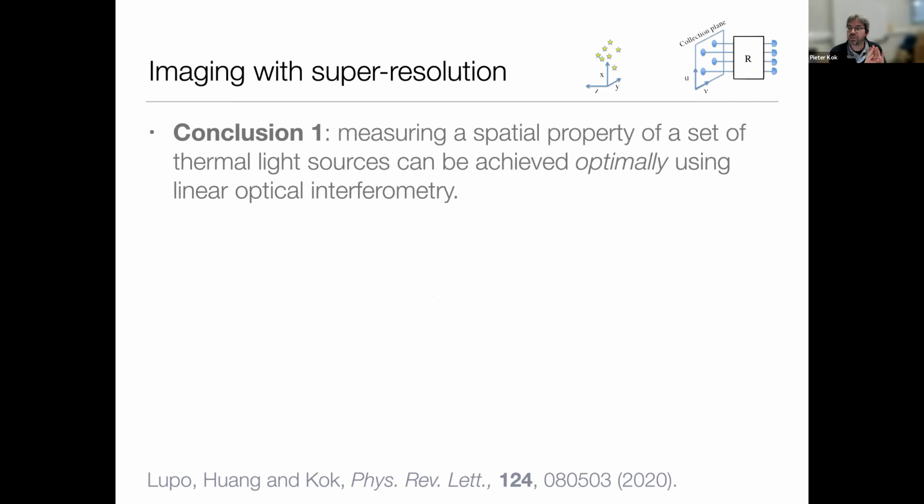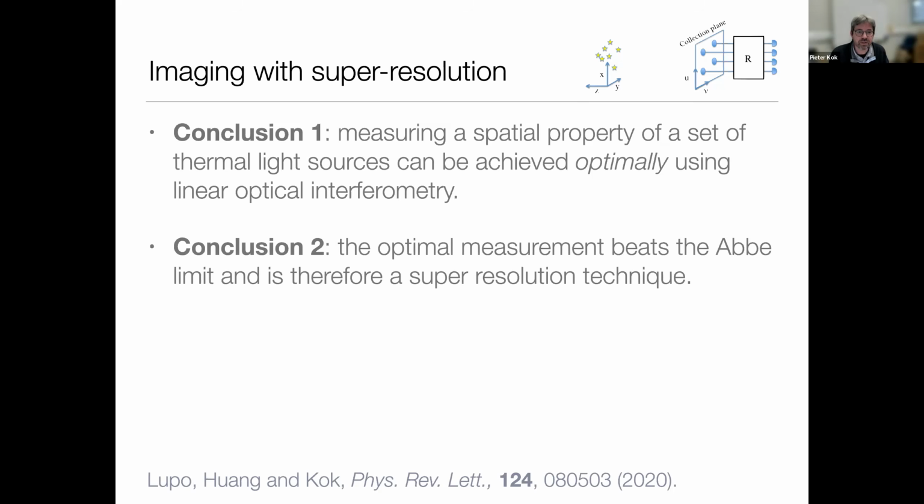So we did not actually put any restrictions on the sources other than that we're in the paraxial regime. Okay, they are point sources, but you can imagine that you can get more continuous sources as well being built up from this. And it can be achieved optimally using linear optical interferometry.